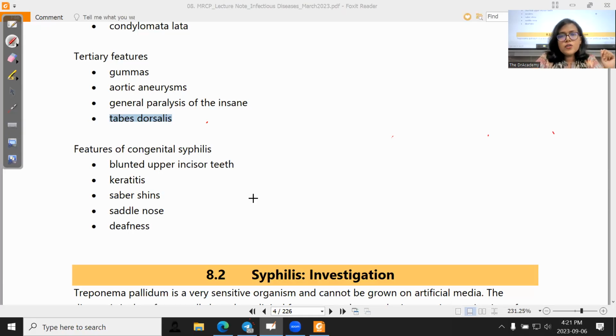Okay. So the blunted upper incisor teeth, that means when the oral cavity is open, there's a gapping between the incisor teeth, and they're blunted compared to the other normal-looking teeth. So blunted upper incisor teeth, keratitis, and deafness. This is known as Hutchinson triad.